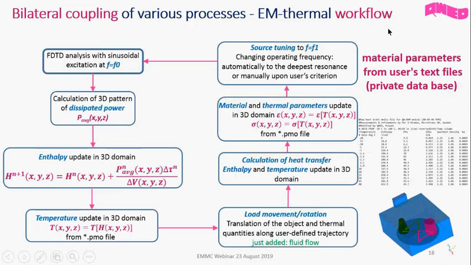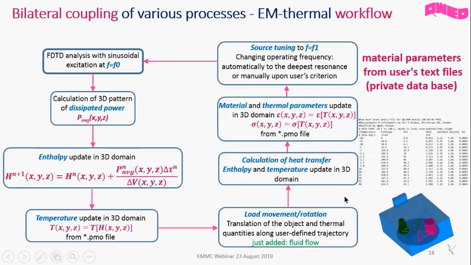How our approach to coupling and to multi-physics modeling works. As I said, when we model the electromagnetic process, we find the dissipated power pattern. We know that as a result of power dissipation over some time, the enthalpy increases. Enthalpy is transferred into temperature. This can be used through constant material parameters or through user-defined text files, which can come from measurements or different types of approximation. We are able to consider load movement, load rotation.